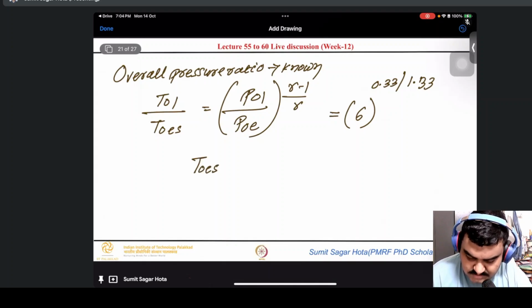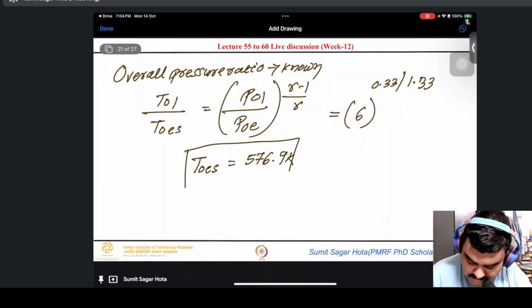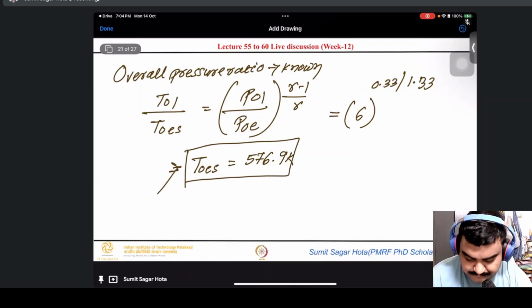T naught ES is equal to 576.9 Kelvin. Then our delta T naught overall we just need to find out.